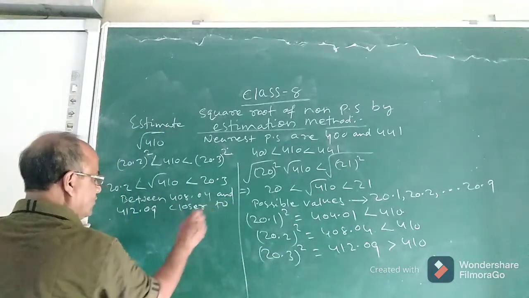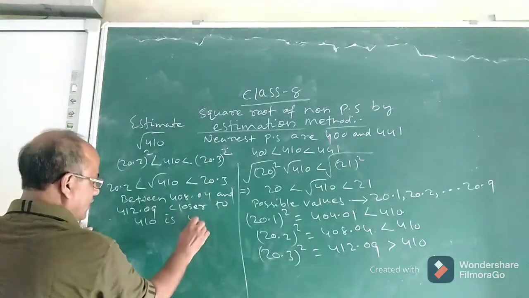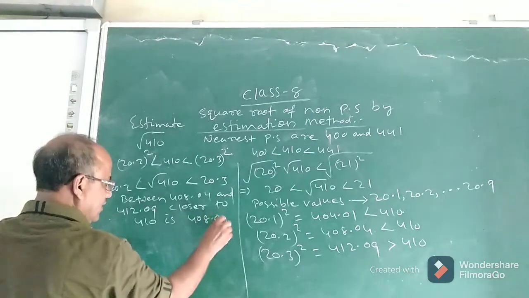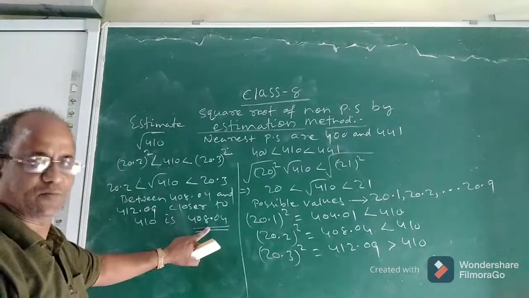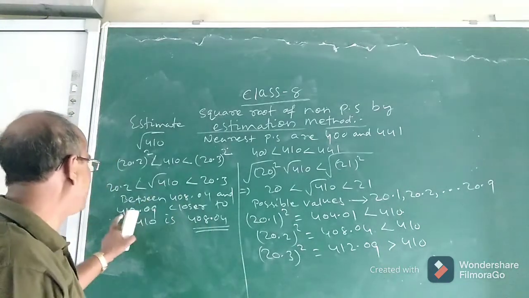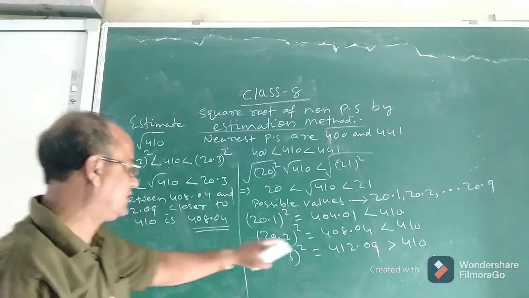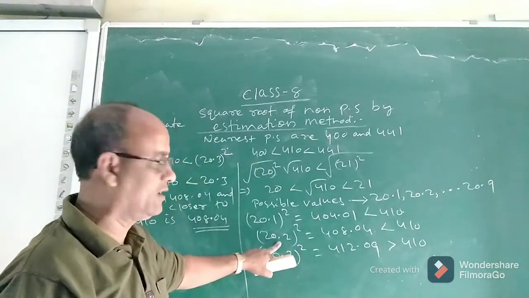Closer to 410 is this one, 408.04. This number is closer to 410 than 412.09. And this number is the square of which one? 20.2. So this will be the required square root.